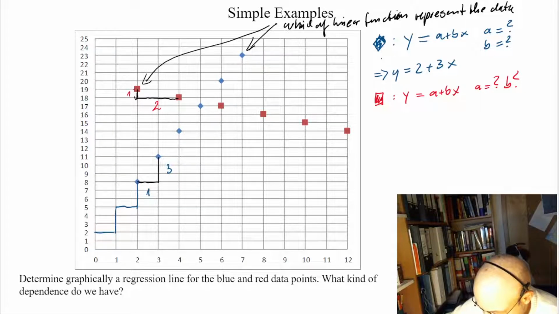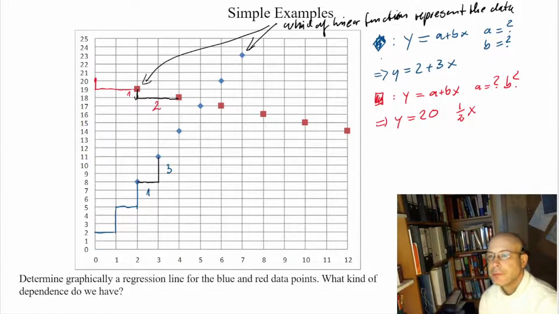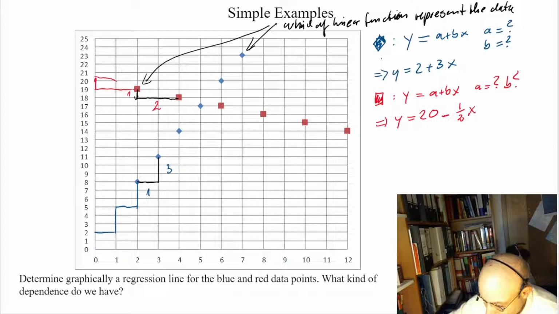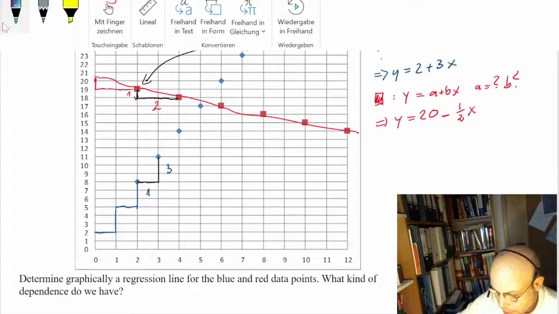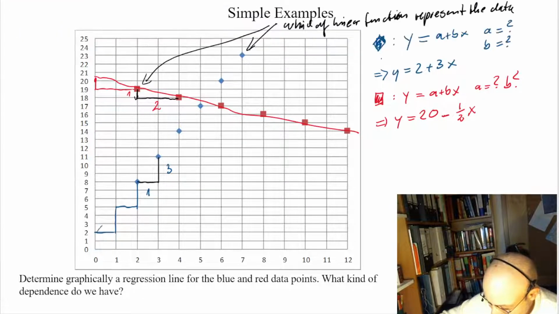Yes. So again, 2 to the left and 1 upwards, and then we are here. So we would have y equals 2, and then you said 1/2. I need also an additional information. Minus, of course. Yes. Because here we have an anti-proportional dependence, and in the blue case we have a proportional dependence.